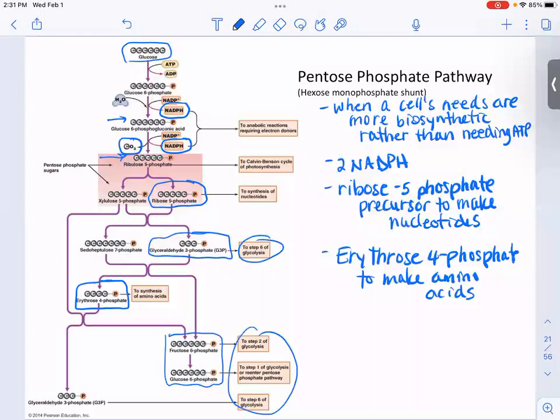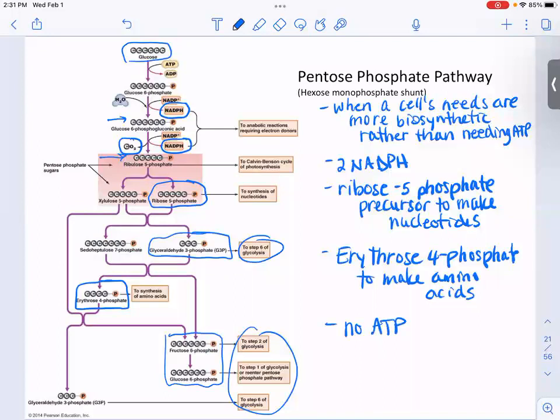But from pentose phosphate, if we're just staying right in this pathway, you'll notice that there's no ATP produced from this pathway itself. Okay, so no ATP from this pathway. There's a potential of getting some ATP if some of those compounds will go into one of the other steps of glycolysis.